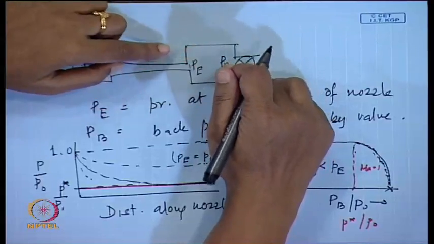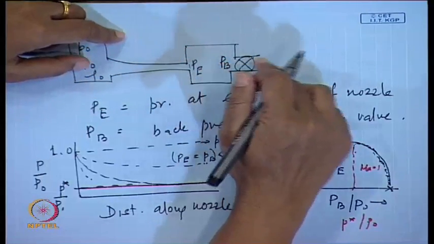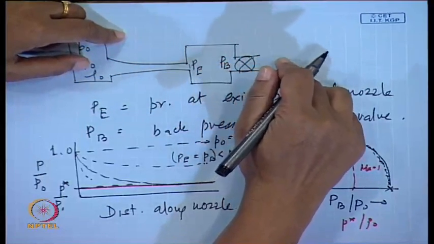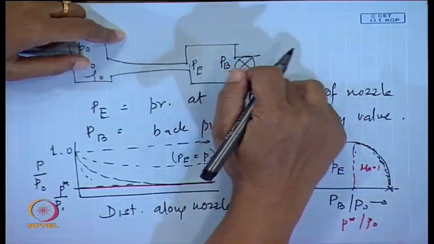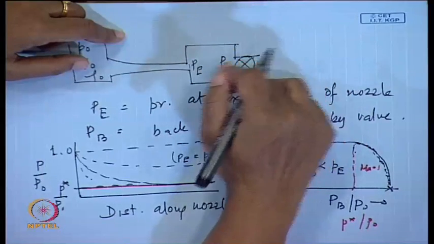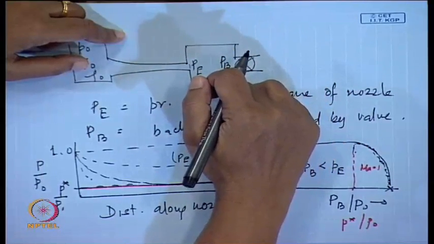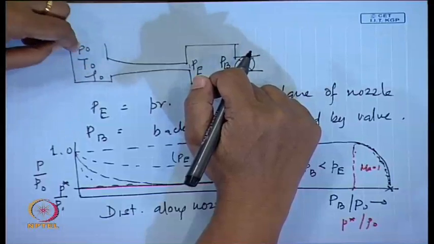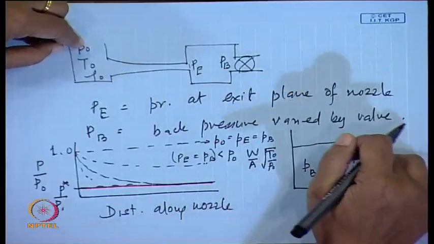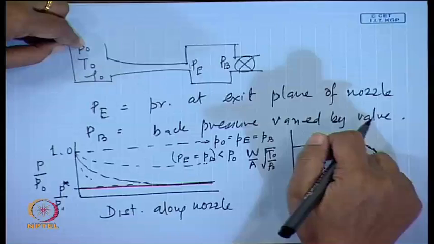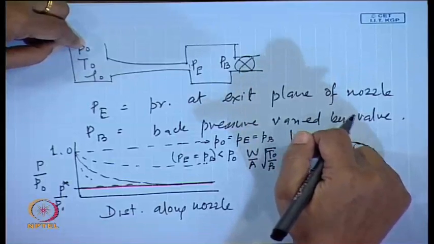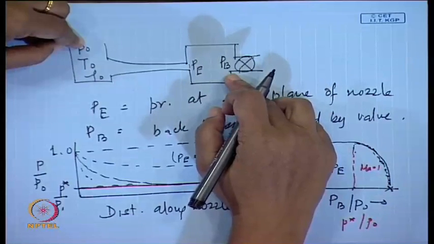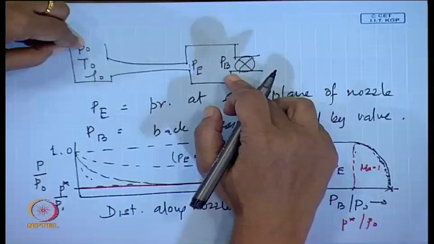Moment P_B becomes equal to P star, after that if we reduce the back pressure further, then P_E cannot respond anymore. And as a result the flow rate becomes constant, the flow rate cannot be increased any further by reducing the back pressure or the exit pressure.